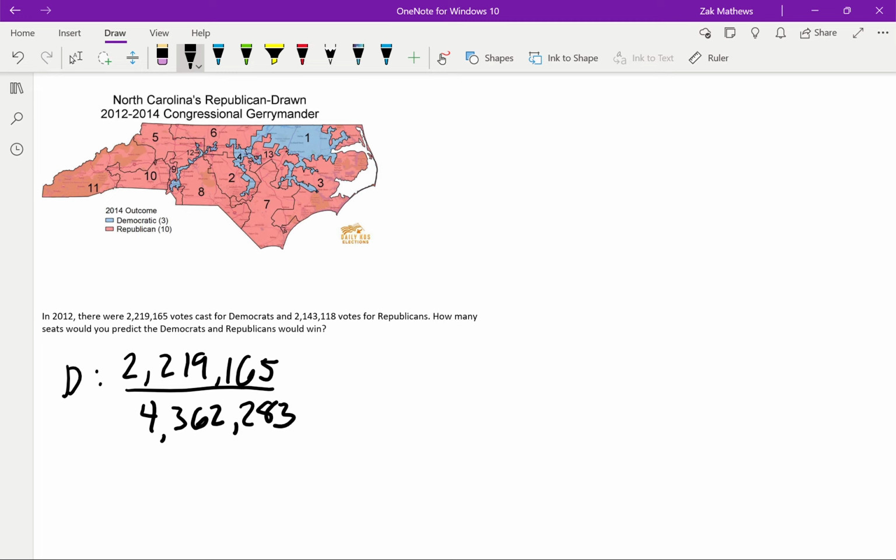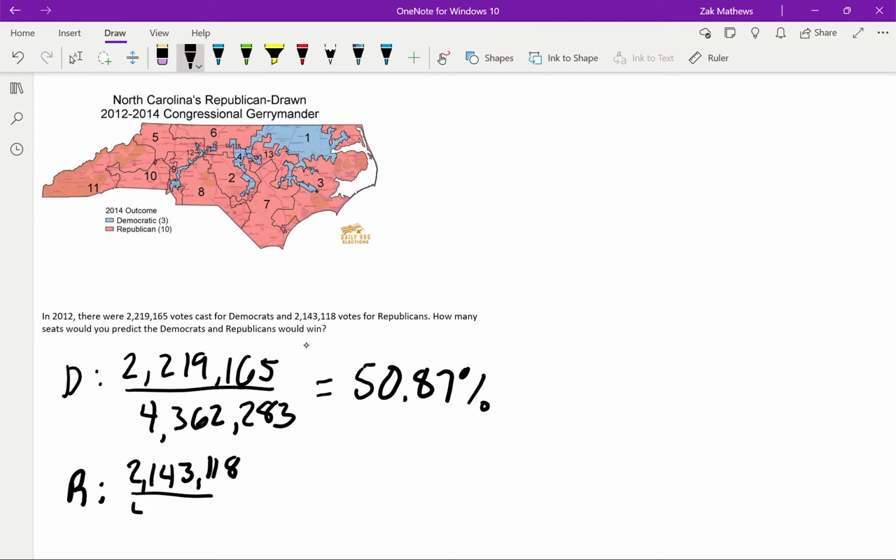And so that means in terms of the percentage, they won 50.87% of the vote. The Republicans won 2,143,118 out of the 4,362,283.